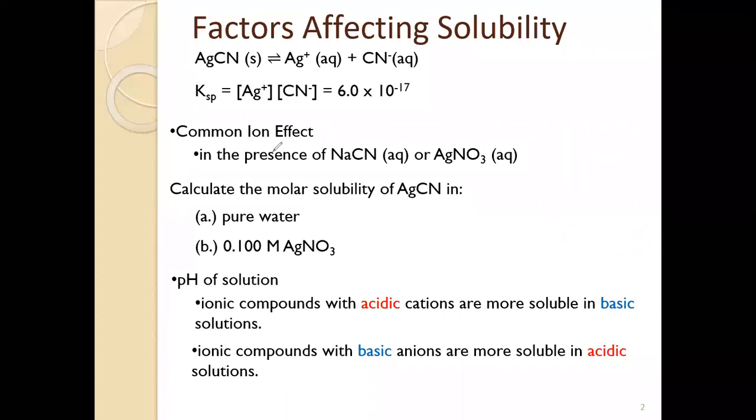Common ion is always going to decrease the solubility of an ionic substance in the presence of a soluble source of either the anion or the cation. We proved that, looked at qualitatively as well as quantitatively. And with pH of solution, that's only going to affect solutions which have either an acidic cation or a basic anion, and we can predict the effect on the solubility there, where we either increase or decrease solubility based upon how the pH of the solution compares to the nature of the ionic compound, whether it's acidic or basic.